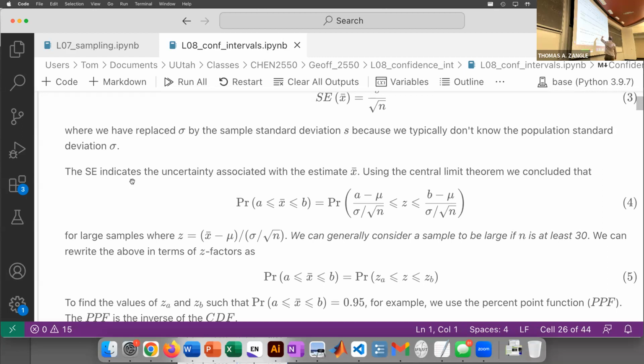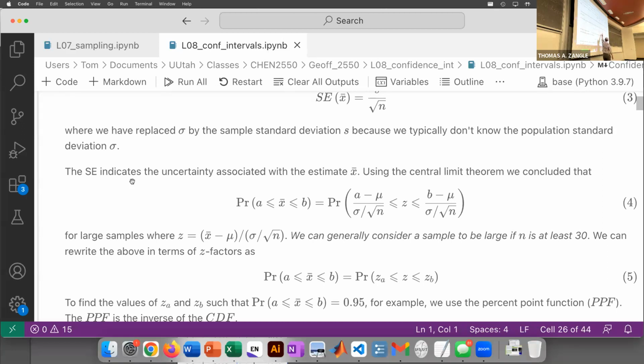And so I can then find the probability that my sample mean lies between, let's say, two different values. It is going to be the probability of having a z-score within the two corresponding values.